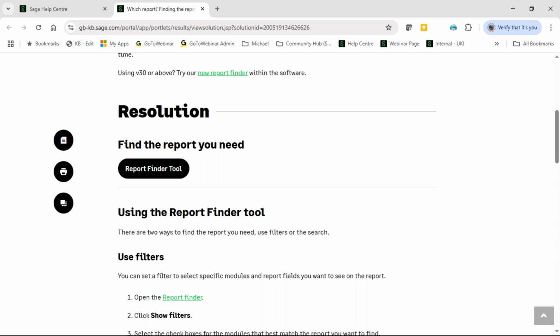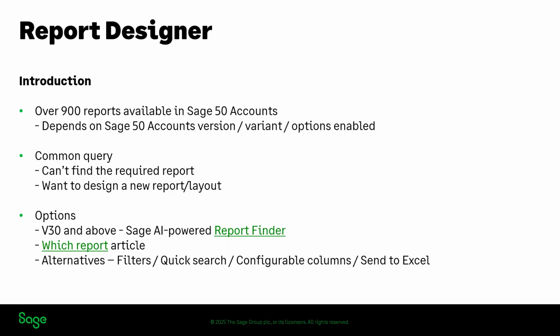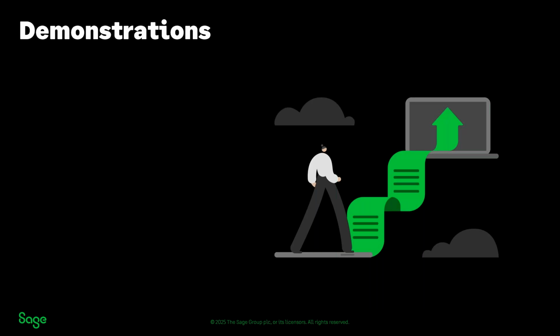Right, let's quickly pop back to the slides for a moment. My next slide is just to introduce the demonstrations. We're going to work through a number of demonstrations, to get you thinking about what options you've got before you think, well, actually, I need a new report. Barry, you mentioned customizing your sales invoice.